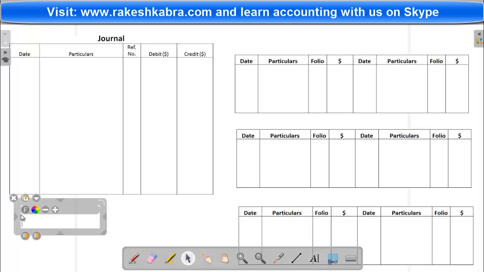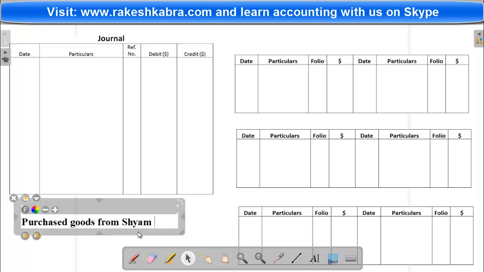So see, our first transaction is: purchased goods from Shyam for $3,000.